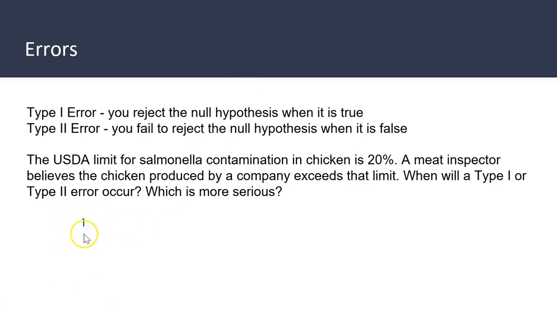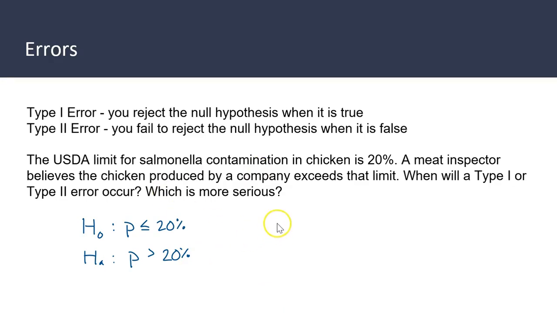My null hypothesis here would be that the salmonella contamination is less than or equal to 20% because we're going to assume that it's safe. And then my alternative hypothesis is what the meat inspector thinks, that the proportion is actually greater than 20% and the chicken is unsafe.